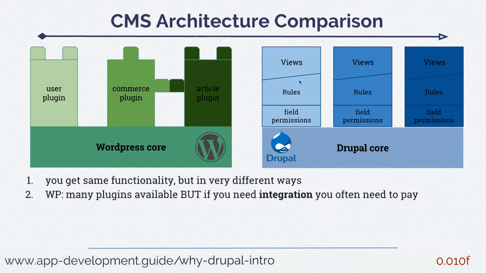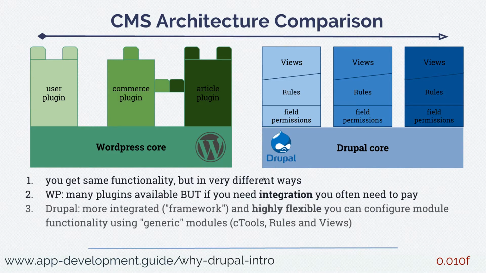And here, once you've figured out how these things work with these basic generic modules, you can configure module functionality using generic tools like ctools, rules, and views. From all of that, it follows that it's much more integrated and also highly flexible.